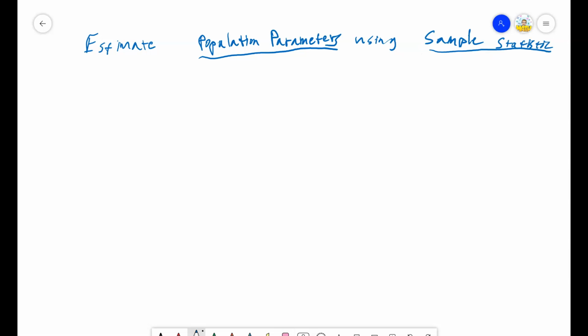So when we estimate a mean, we use mu, the population mean. When we're talking about a sample statistic to estimate that, we use X bar. When we estimate a proportion, we use P. Your textbook authors use P. Sometimes you'll see textbooks that stay with the Greek and use pi.